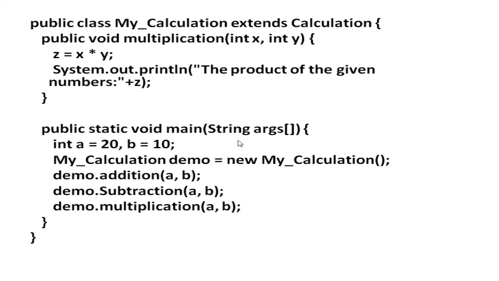How can you convert a particular string to integer? Integer dot parseInt. If you want to convert a string into float, Float dot parseFloat. Double dot parseDouble if you want to convert into double. Like that we can convert a particular string into different data types.